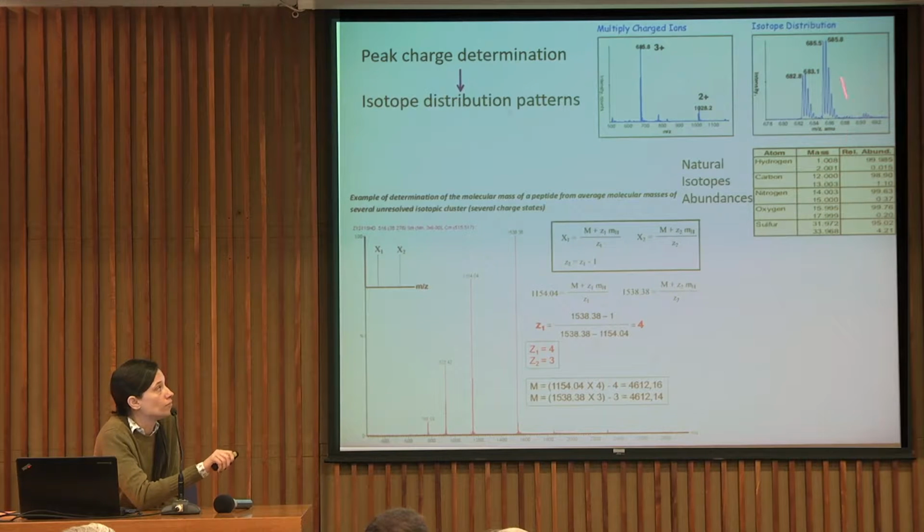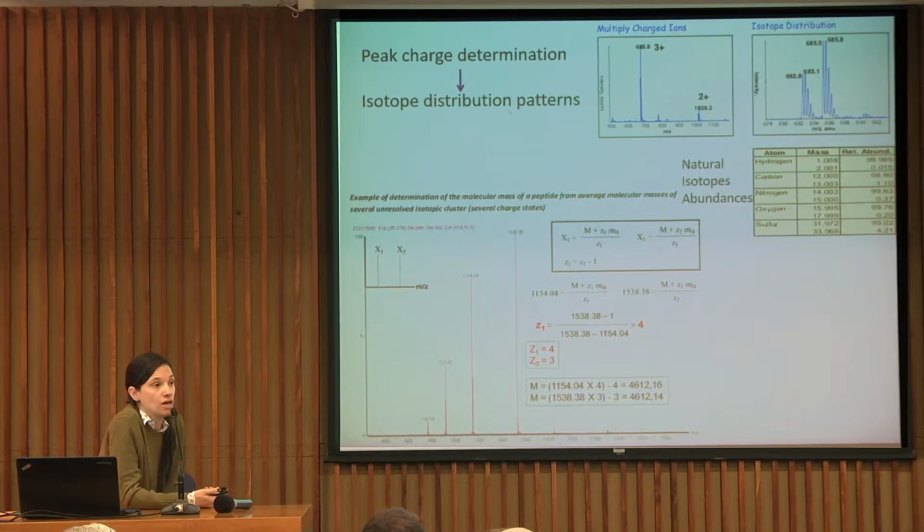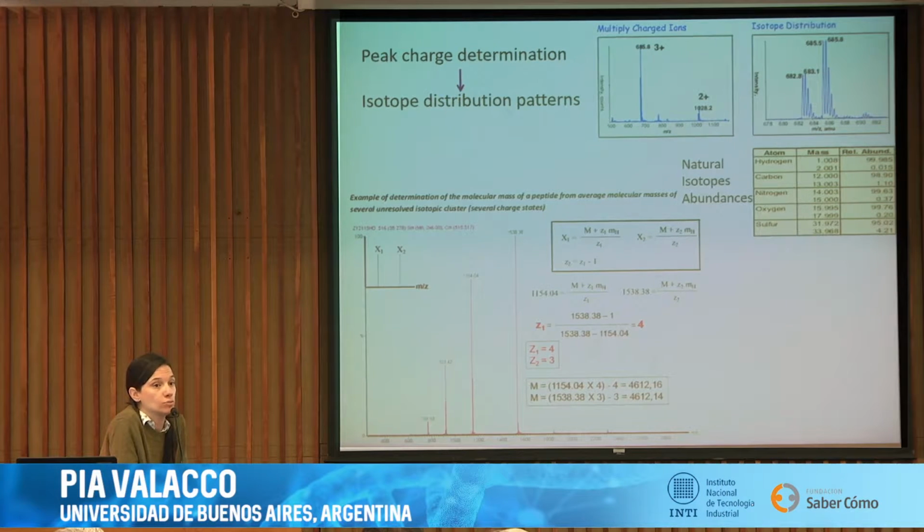So the first signal in a group of this isotopic distribution spectrum will correspond to the monoisotopic ion, that is to say, the peptide that is made up of monoisotopic atoms, of the most abundant atoms of each kind. But then the following peak in the group will have all the atoms that are the most abundant, but one of them will be a different isotope.